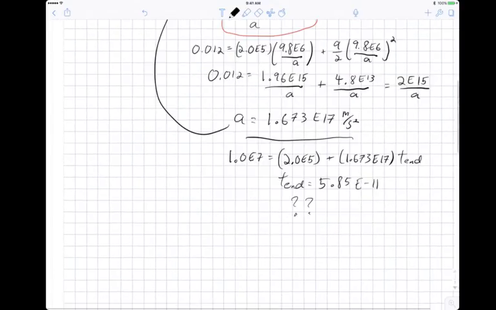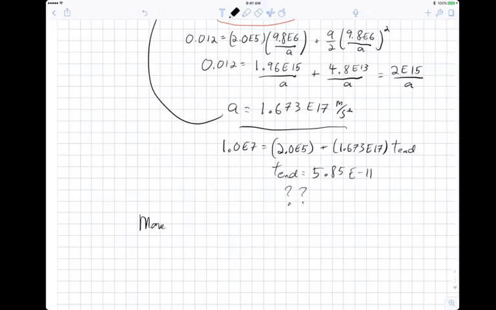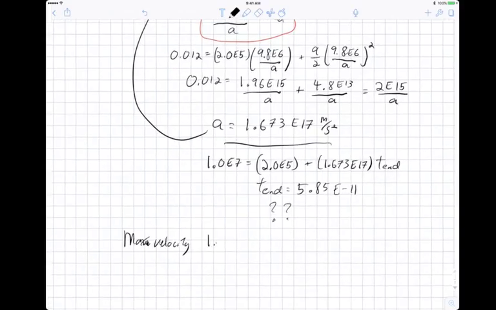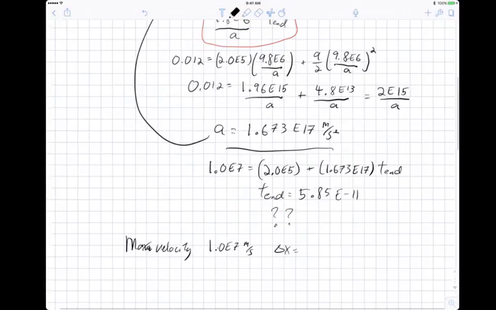So if it was traveling at the max velocity, 1E7, and the distance is 0.012, then the amount of time to go that distance is 0.012 divided by 1.0 E7. That'll be 1.2 E to the minus 9.